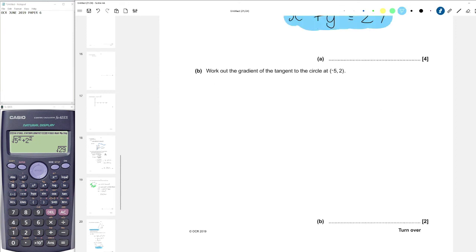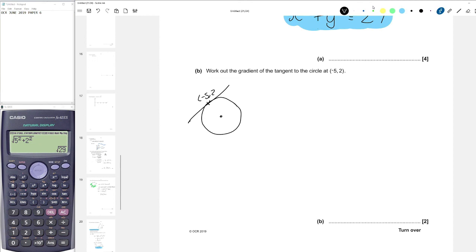Part b says work out the gradient of the tangent to the circle at -5, 2. So I need to know that if there is a tangent to the circle at -5, 2, so I'm just going to draw my line and I'm going to quickly sketch my circle. So this is -5, 2.